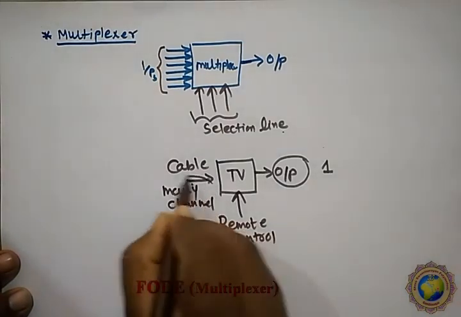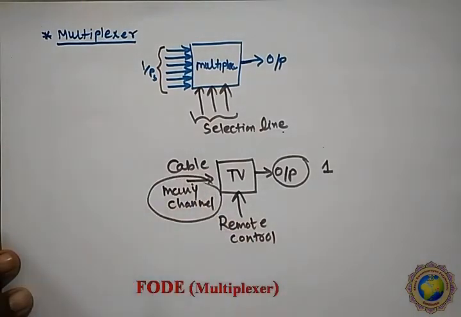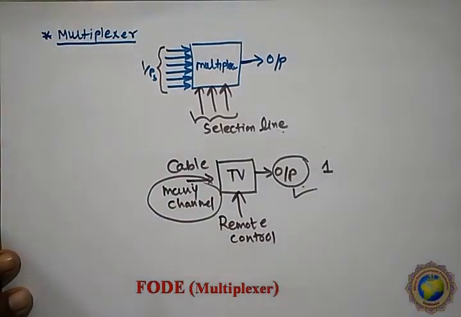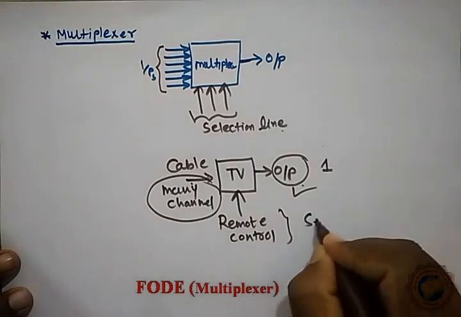મીન્સ there are many inputs, many channels are available on your TV, but at a time you can see only one output channel. At a time તમે કેટલી આઉટપુટ ચેનલ જોઈ શકો છો? એક જ આઉટપુટ ચેનલ જોઈ શકો છો. તો દેટ ઇઝ ધ વન સિમ્પલ એક્ઝામ્પલ ઓફ ધ મલ્ટીપ્લેક્સર. એ રિમોટ કંટ્રોલની મદદથી, રિમોટ કંટ્રોલ એ તમારી શું છે? સિલેક્શન સ્વિચ છે.